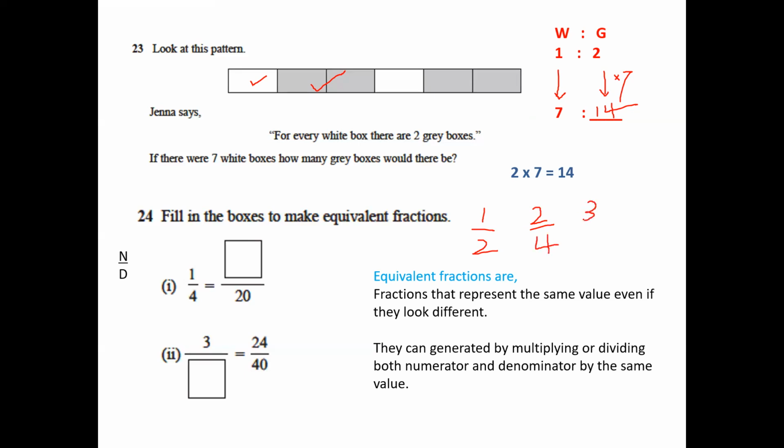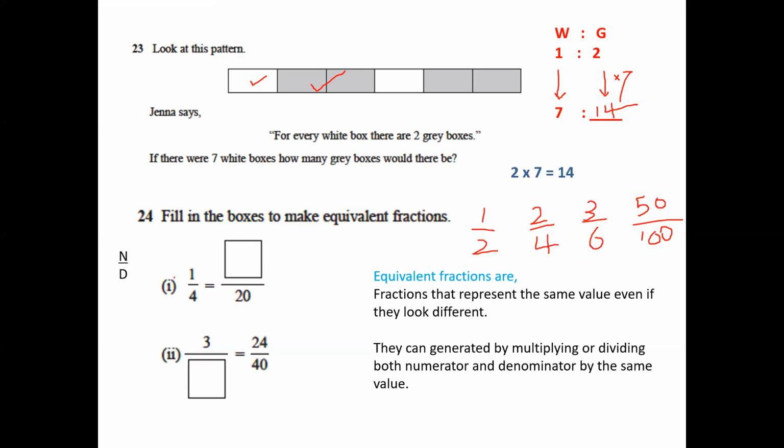And 3 over 6 is also half. And 50 over 100 is also half. So you can see the numbers are different, but the value is the same. So those are equivalent fractions. You can get many equivalent fractions by multiplying or dividing both numerator and denominator by the same value.